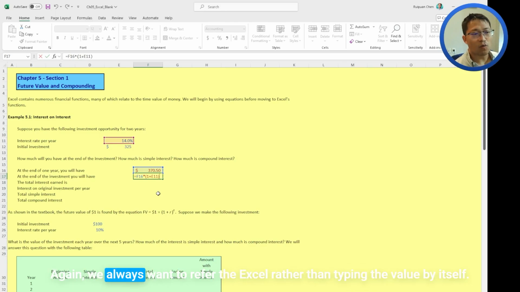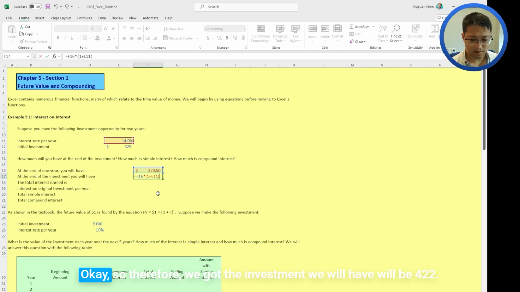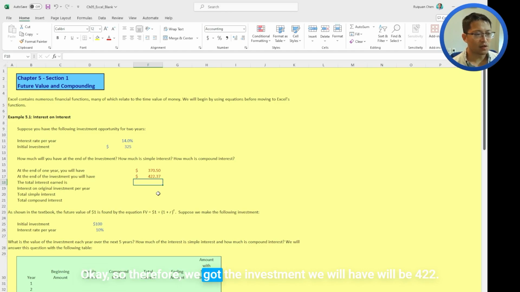Again, we always want to refer to the cell in Excel rather than typing the value itself. So therefore, the amount we will have is $422.37.